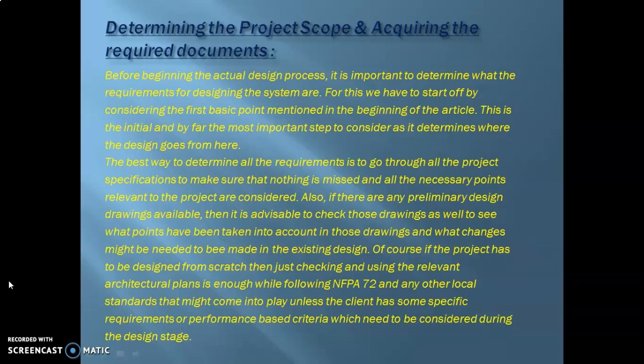Now what this means is that the client might have some specific spacing considerations, or might have some specific requirements for a certain hazard or a certain building or a room that might need to be considered. So that needs to be taken into account during the design stage as well, after discussing with the client.